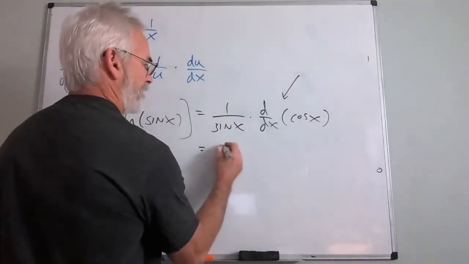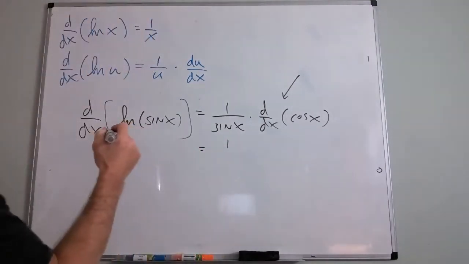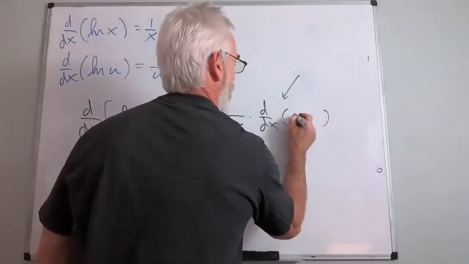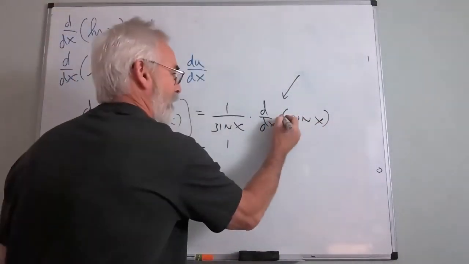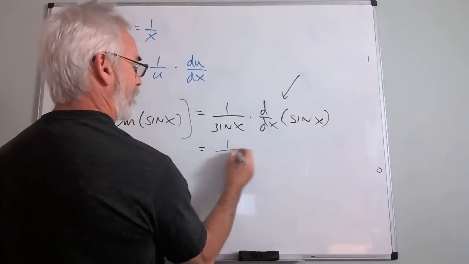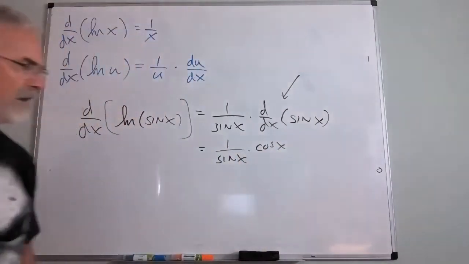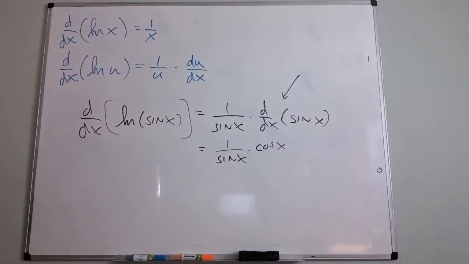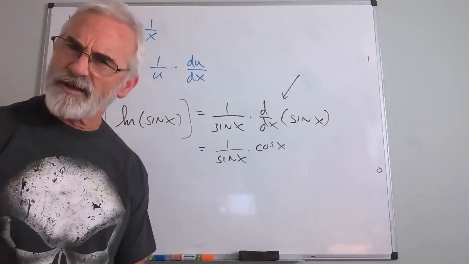Well, what's the derivative of the sine function? Sorry, I already differentiated the sine function. Gave away the punchline. Obviously, the cosine function. 1 over sine times cosine. Wait, that's just cos over sine. But what's cos over sine?